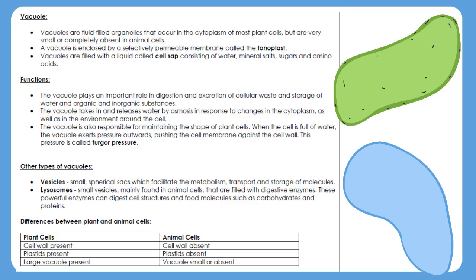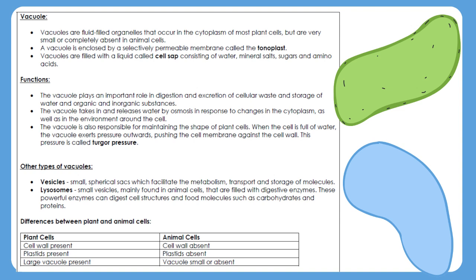Vacuole. Vacuoles are fluid-filled organelles that occur in the cytoplasm of most plant cells, but are very small or completely absent in animal cells. A vacuole is enclosed by a selectively permeable membrane called the tonoplast. Vacuoles are filled with a liquid called cell sap consisting of water, mineral salts, sugars, and amino acids.